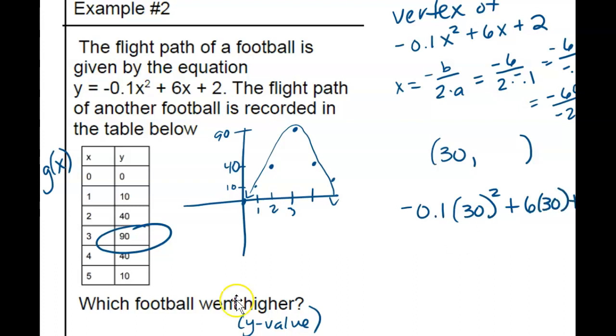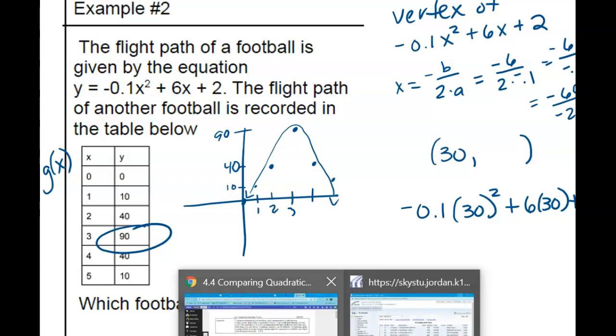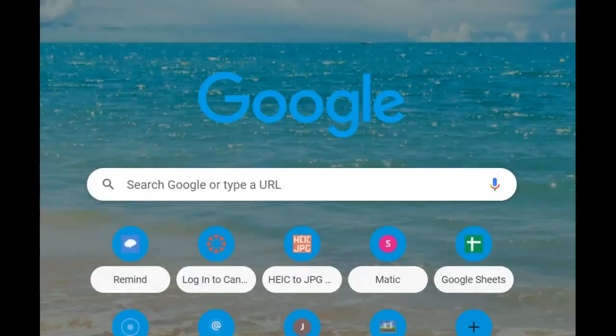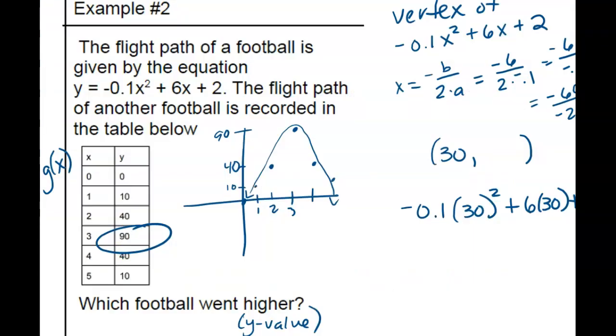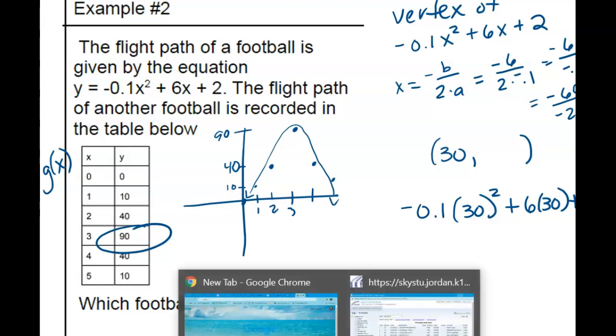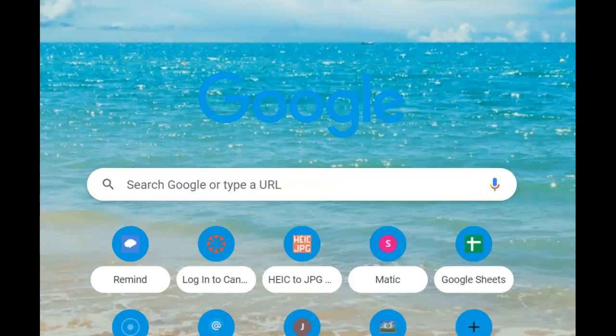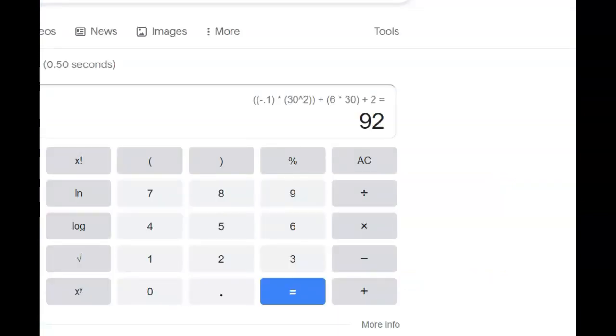So then to find the y value, remember we plug in x. All right, so we get negative 0.1 parenthesis 30 squared plus 6 times 30 plus 2 is 92.